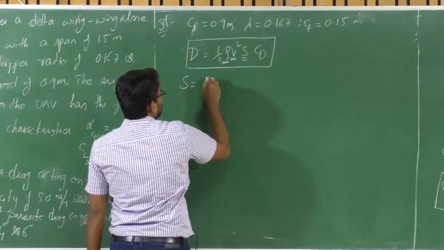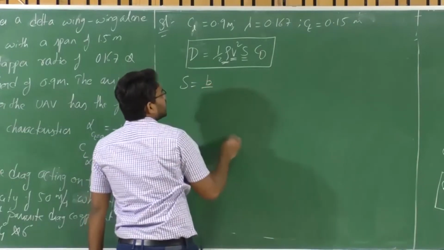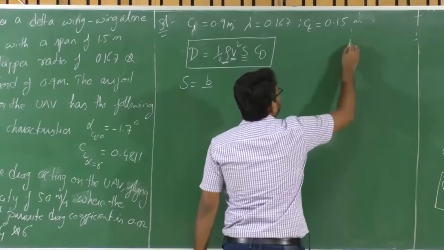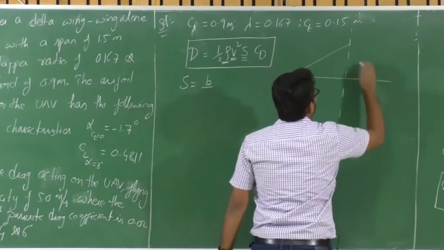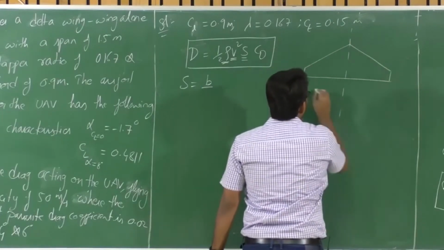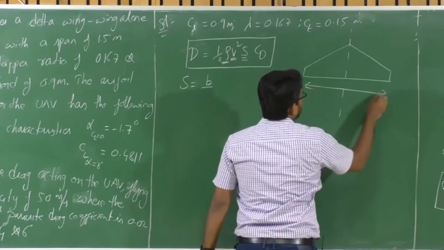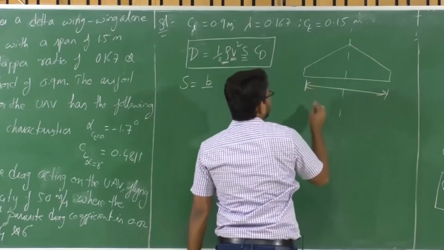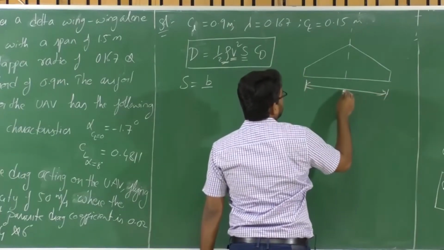What is S? This is a delta wing, right? We know the span. By this time you must be comfortable after solving those 3 examples during our earlier lecture.